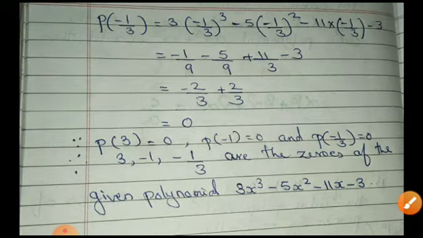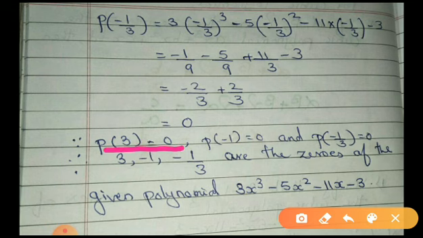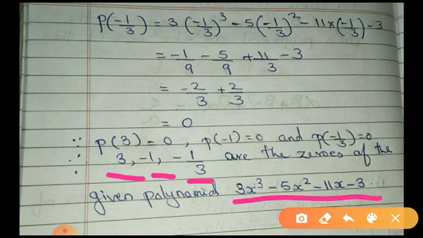That means I have got p of 3 as 0, p of minus 1 as 0 and p of minus 1 by 3 as 0. So can we conclude 3, minus 1 and minus 1 by 3 are zeros of the given polynomial? So this we have verified.